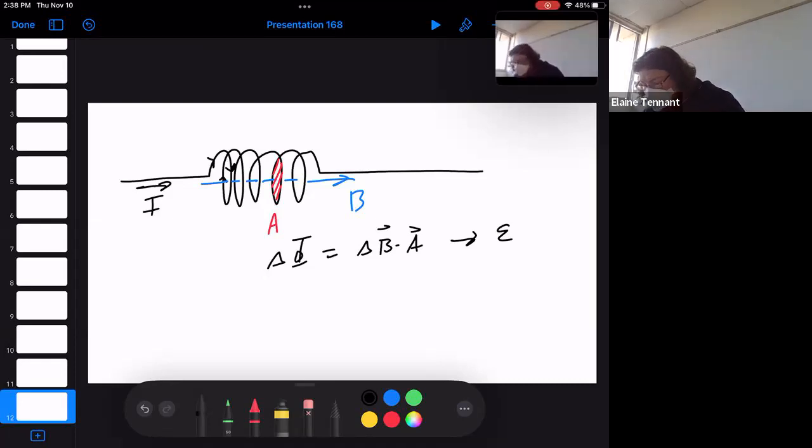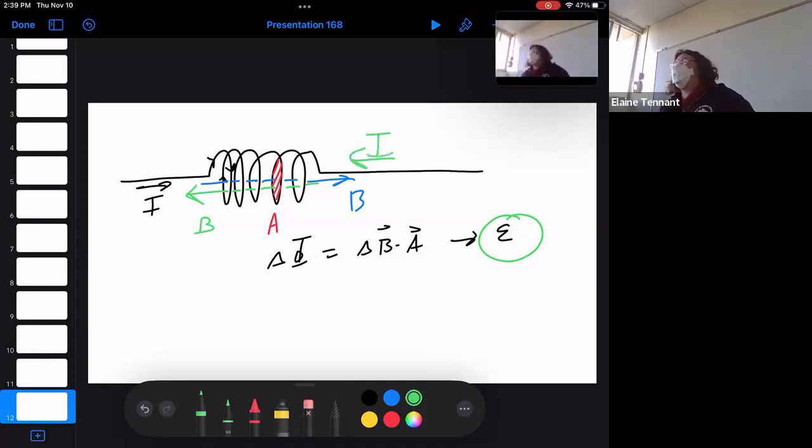When it makes this EMF to try to block the change, will it try to make a current in the same way as this current I just put through it, or will it try to be going the opposite way? Yeah, so it will try to generate this EMF to make a magnetic field that way.